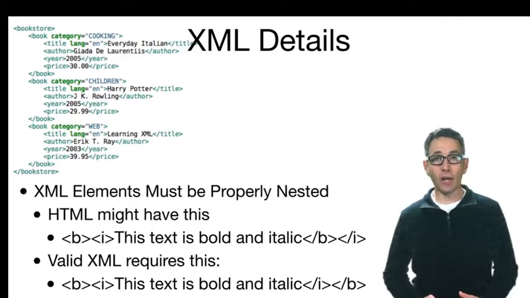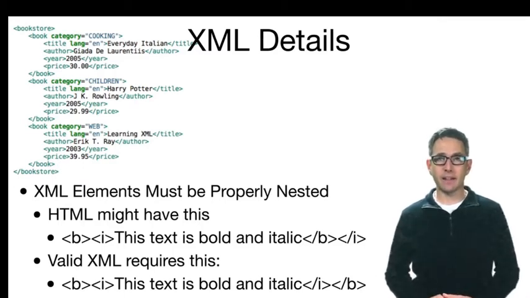In XML, all tags have to be correctly nested, meaning any tag that was opened has to be closed before another tag that had been opened before it is closed. This isn't really true in HTML. So for example, in HTML, if you wanted to make text that was to be presented as both bold and italic, you might have a B tag and then an I tag, the text that you wanted to be bold and italic, and then have it closed by a close B and a close I tag.